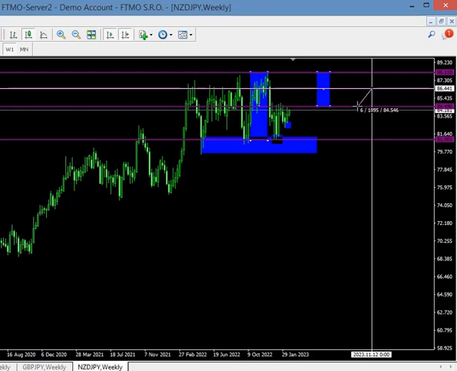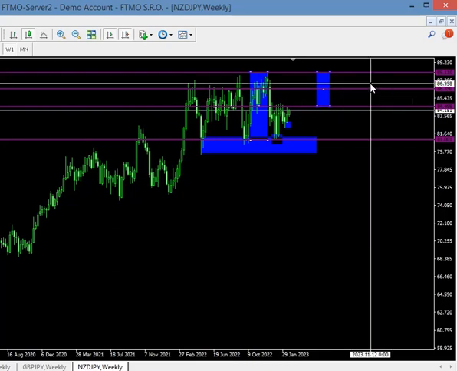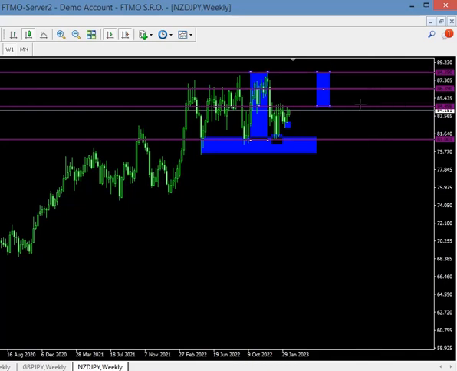That should be your first take profit. Should give you about 180 to 190 pips. If you are looking again to test this area, your second take profit should give you about 356 pips, or 350 pips.